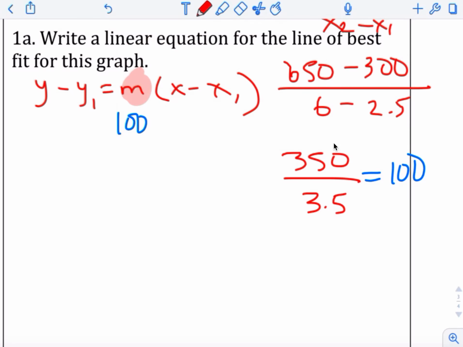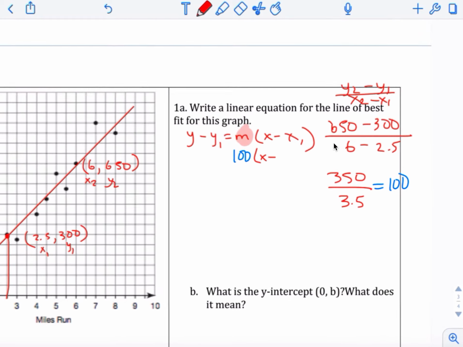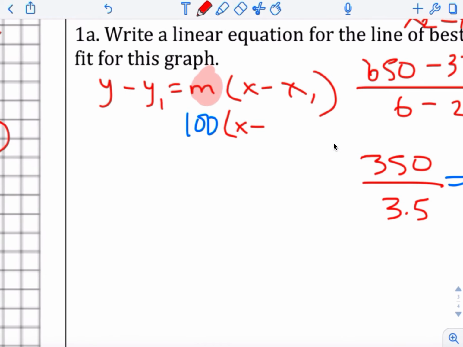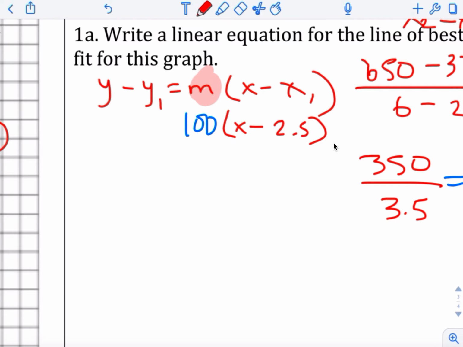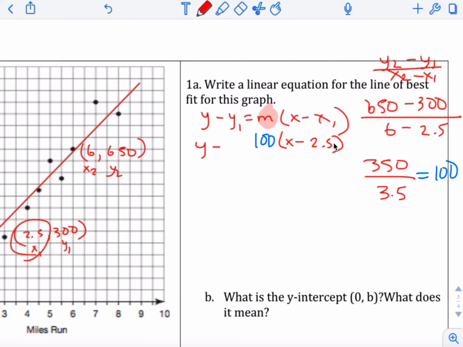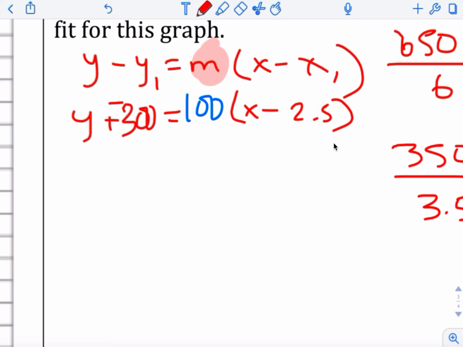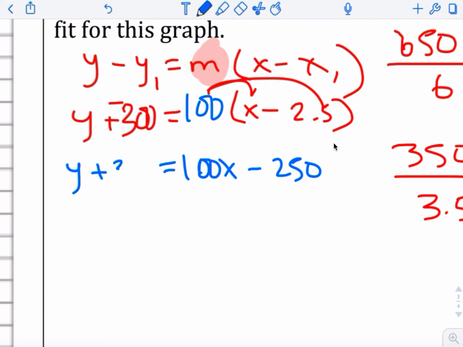Okay, so x minus x sub 1, 2.5. y minus y sub 1, 300. Additive inverse. Distribute. You get 100x minus 250 equals y minus 300.